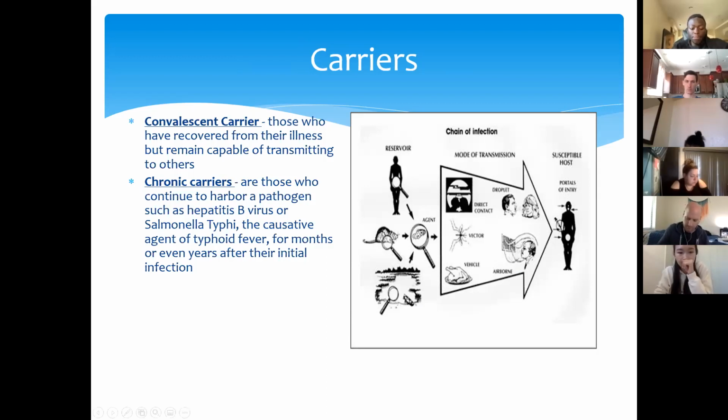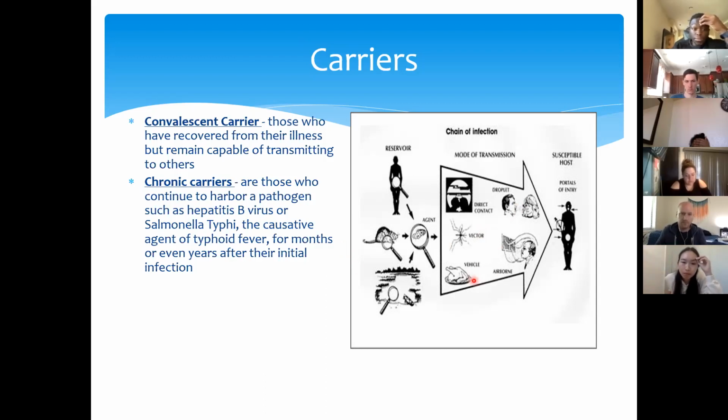This picture is just a little infographic of how reservoirs work. Reservoirs can be human, so this is referring to these carriers here. It can be animals, or it can be the environment. And then modes of transmission, which we will go over each of these. Direct contact, droplet, so sneezing, coughing, even breathing sometimes. If we're too close to somebody, we can inhale those pathogens and become sick. A vector, so mosquitoes, ticks, those are examples of vectors.